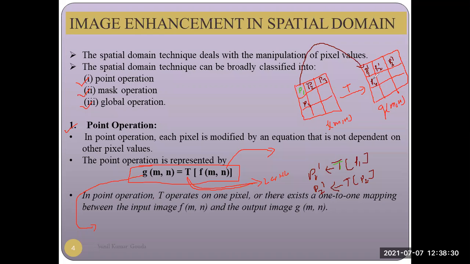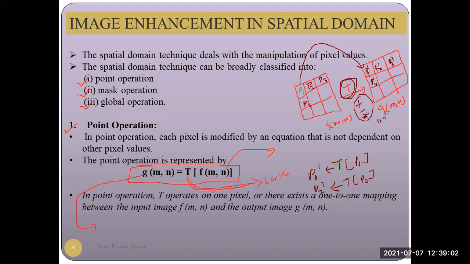So what actually is happening? This operator T is performing on each of the pixels of the image, and its equivalent resultant pixels are denoted by P dash, represented in the equivalent coordinates. But there are some changes. What changes? The changes depend upon which T operator you are taking. It can be addition, subtraction, multiplication, these are the linear operators.